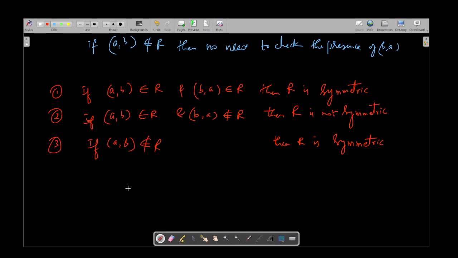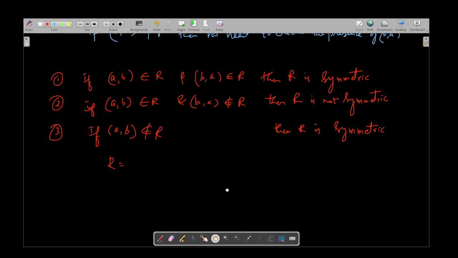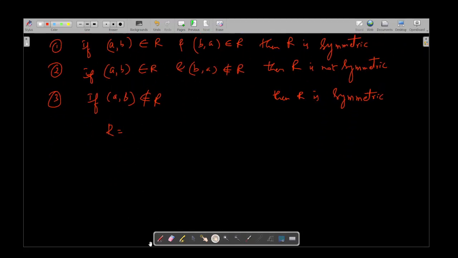So this leads us to one of the very important points. If I have an empty relation, R equal to this, here there is no pair. So we don't have any elements in R. Since we don't have any elements in R, it falls into category 3.